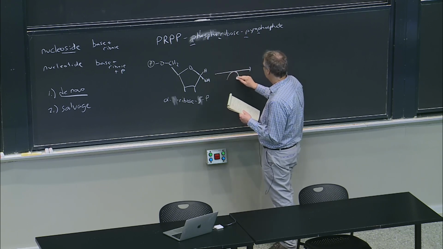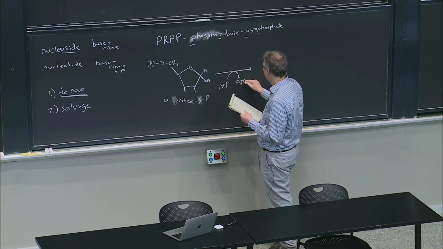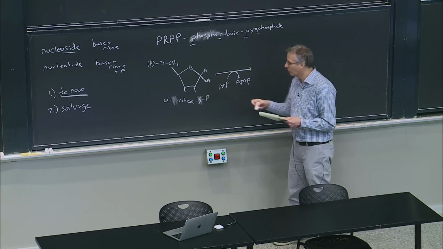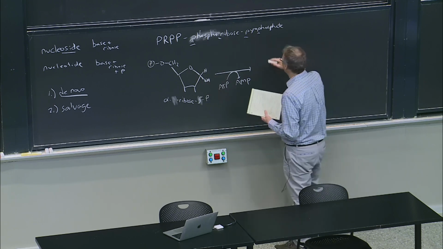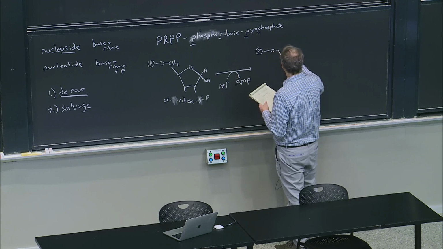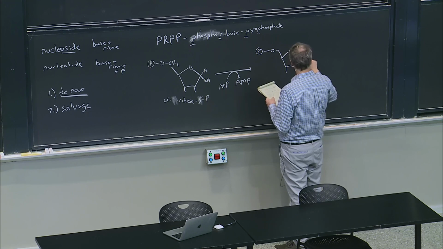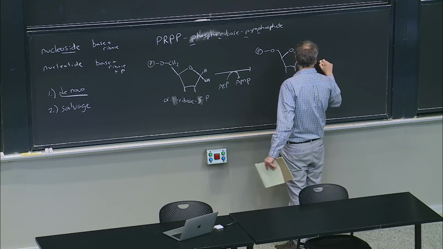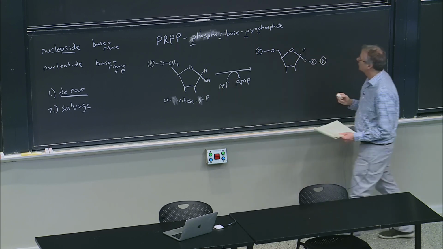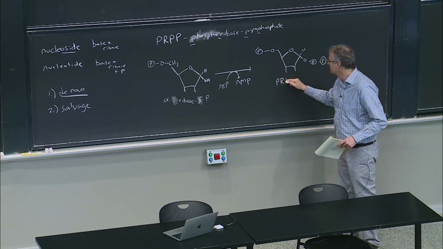Well, if we take ATP and convert it to AMP, that is, transfer 2 phosphates, pyrophosphorylate the 1 position, now we end up with this molecule. Okay, so this molecule here would be PRPP.